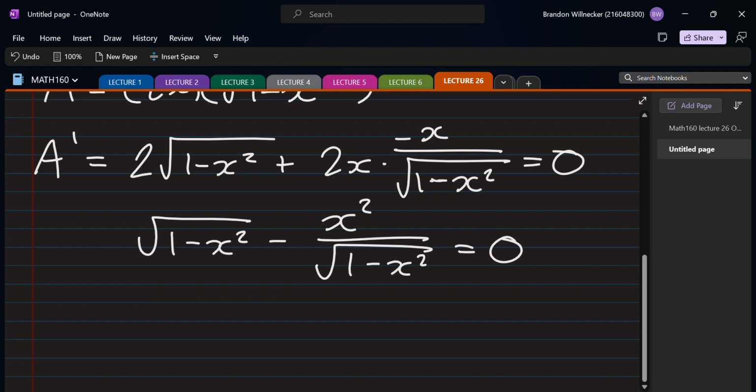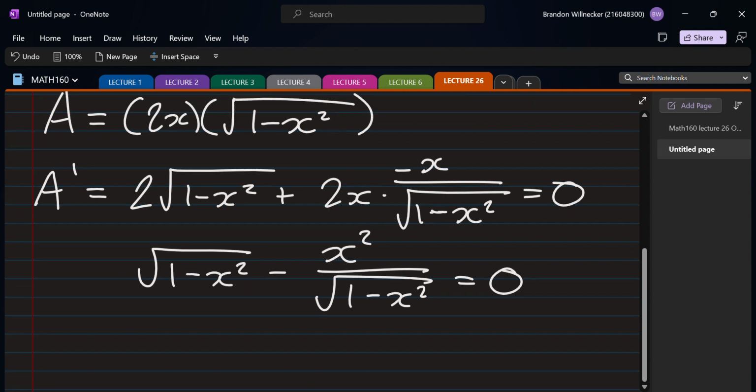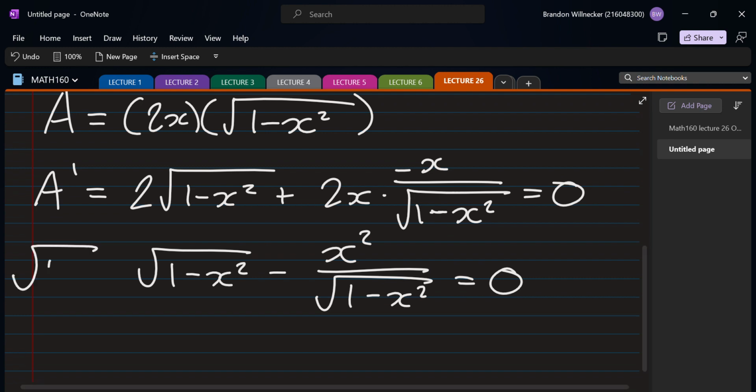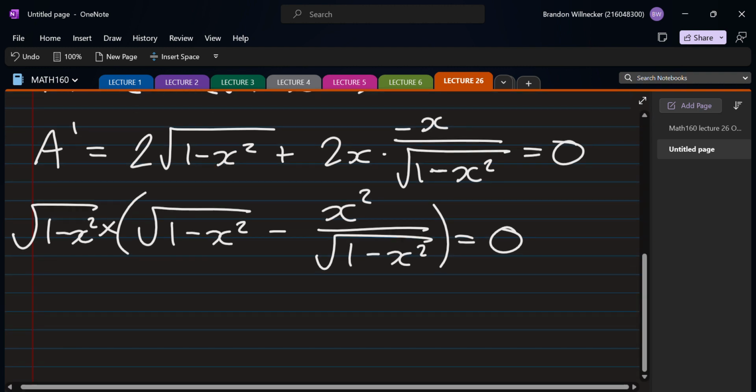Now these roots are in the way, so let's multiply the left-hand side and the right-hand side by the square root of 1 minus x squared. Okay, so the right-hand side stays 0, we don't need to worry about that, but this left-hand side becomes 1 minus x squared minus x squared.